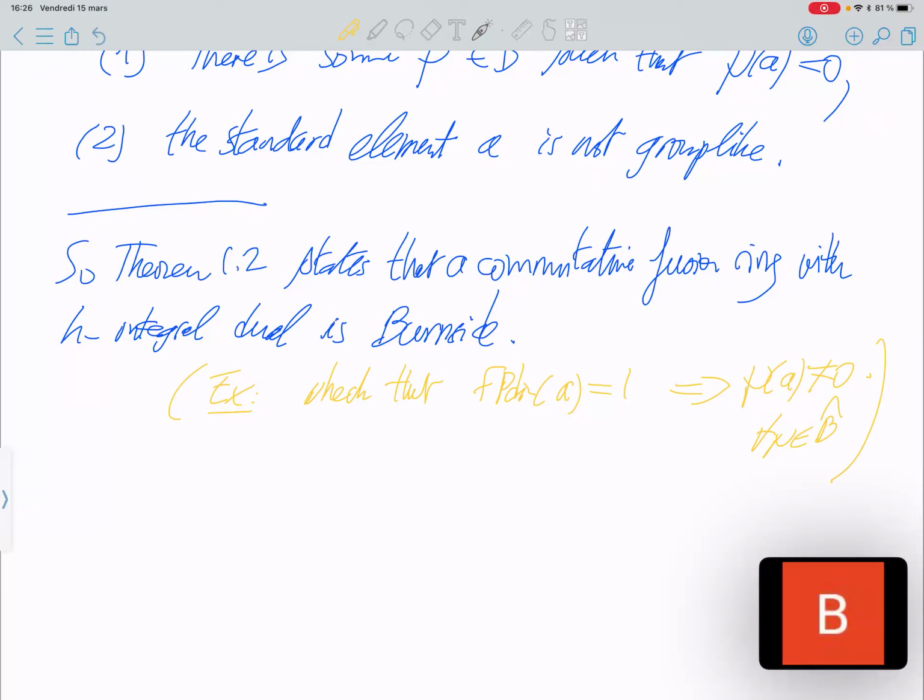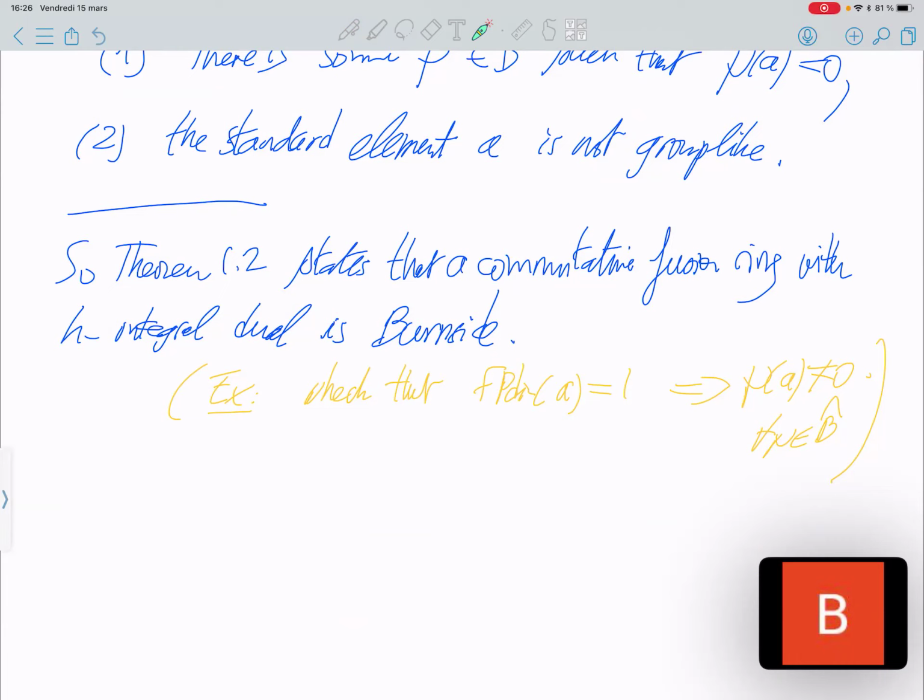If you reformulate this in terms of groups, you have an irreducible representation, a linear character.